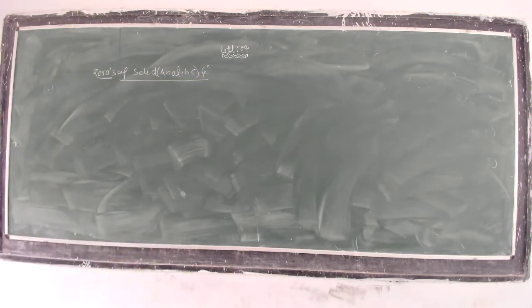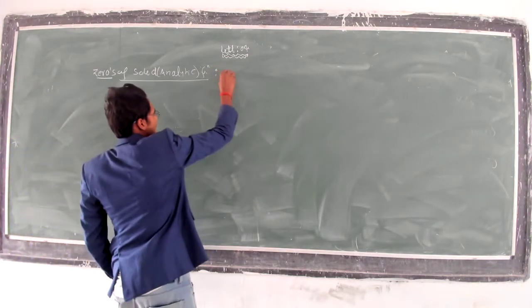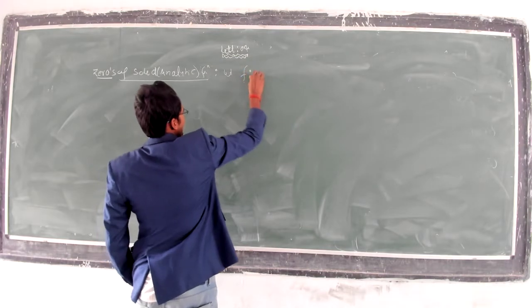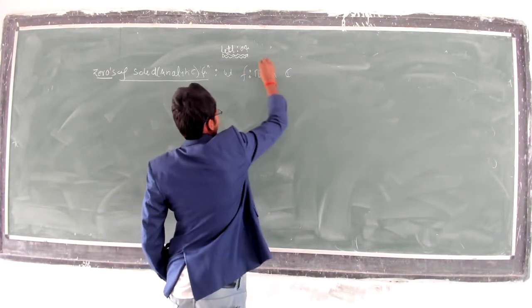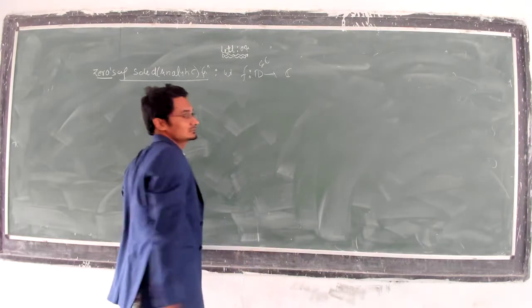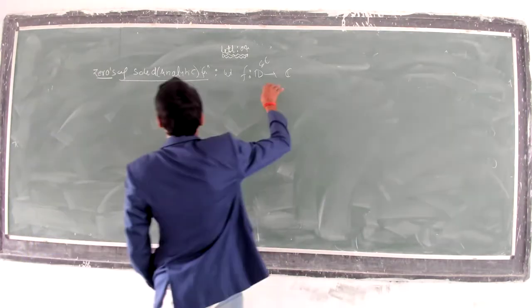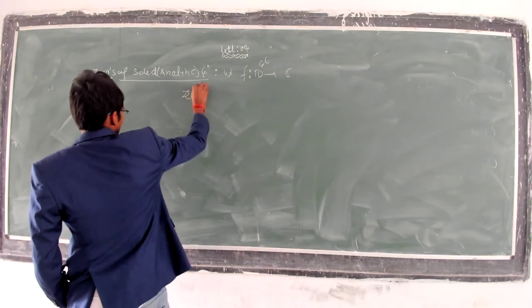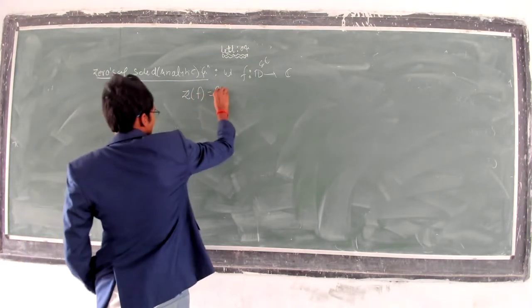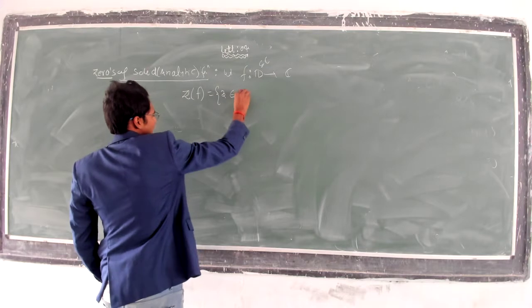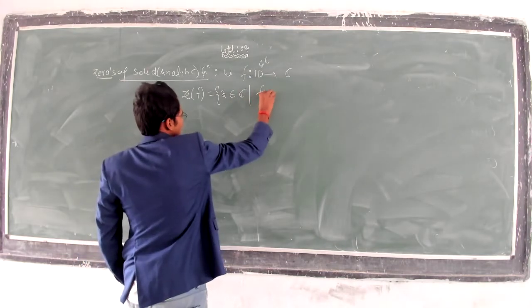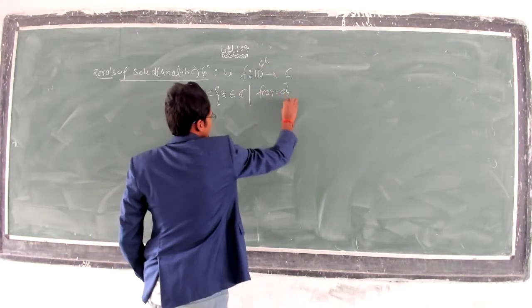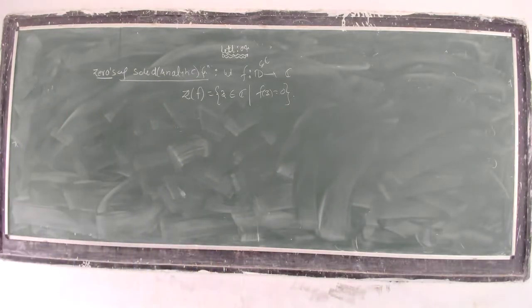Okay, so let f be defined on a subset of complex numbers to complex numbers, and then the zeros of this, denoted as Z of f, is the collection of all those complex numbers z such that f of z is 0. Alright?